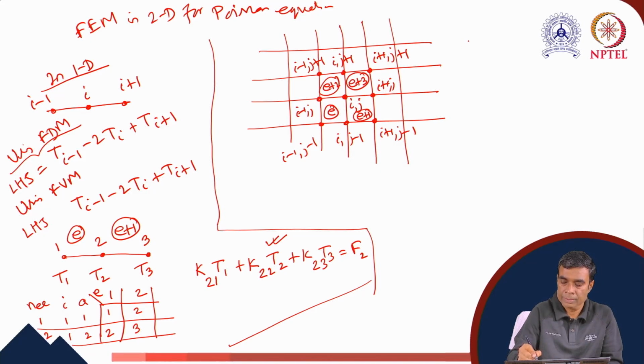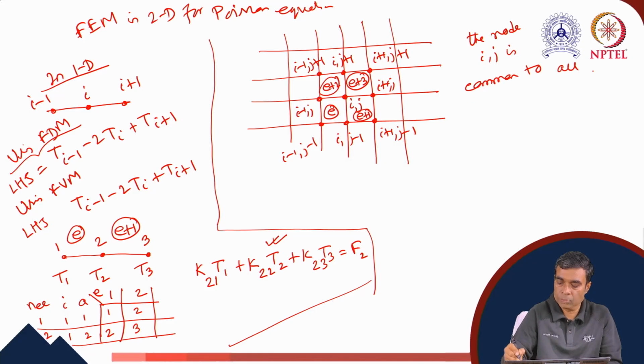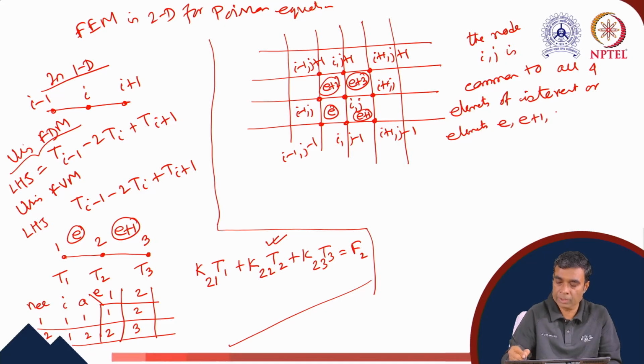Now, the node I, j is common to all 4 elements of interest, or elements E, E plus 1, E plus 2, and E plus 3.